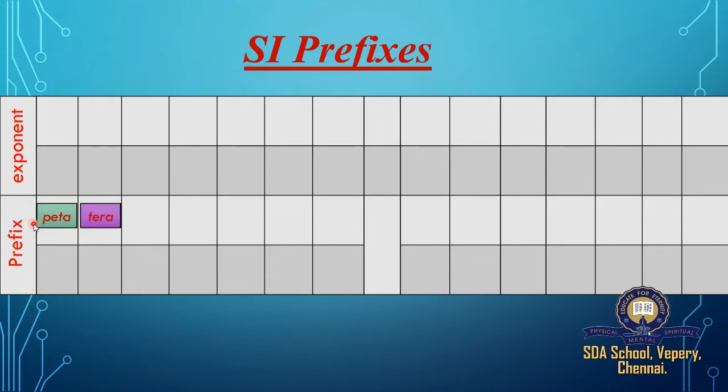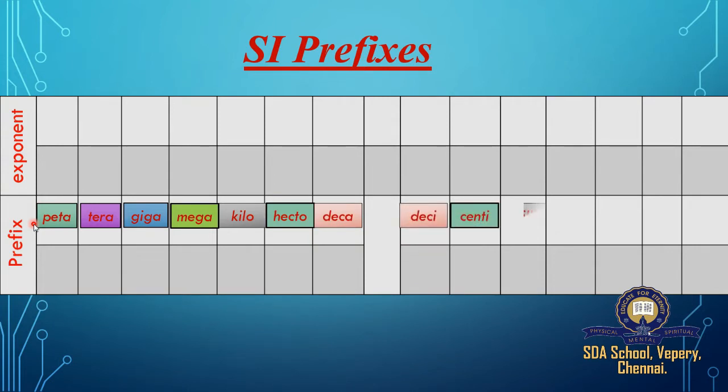Peta, tera, giga, mega, kilo, hecto, deca, deci, centi, milli, micro, nano, pico, and femto. These are a few prefixes. We need to memorize them, and these prefixes are useful in our day-to-day life too.